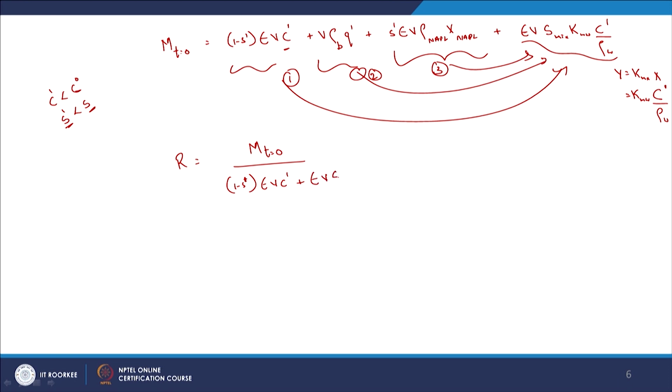So epsilon V S micelle KMW C dash by density of water. This is the new R dash. What was it earlier? R was just M total by the mass in solution. I think in that case it was epsilon V C naught, or (1 minus S) epsilon V C naught.